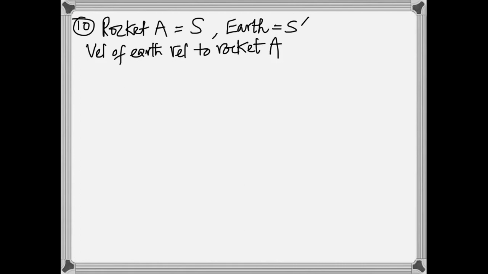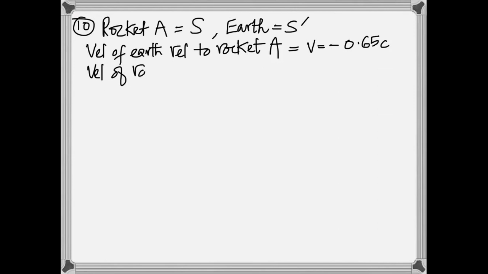Because we always have to look at the velocity of S prime with respect to S, and we call that V. So in this case, velocity of the Earth relative to rocket A is actually negative 0.65 c, because from rocket A, the Earth looks like it's going backwards. That's why it's negative 0.65 c.